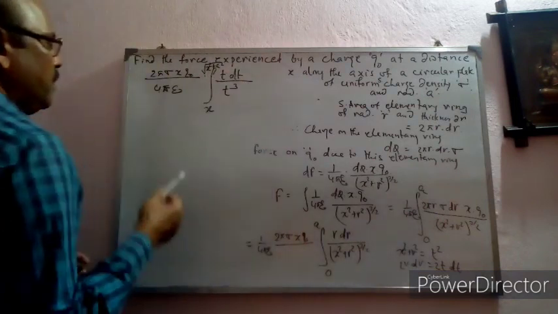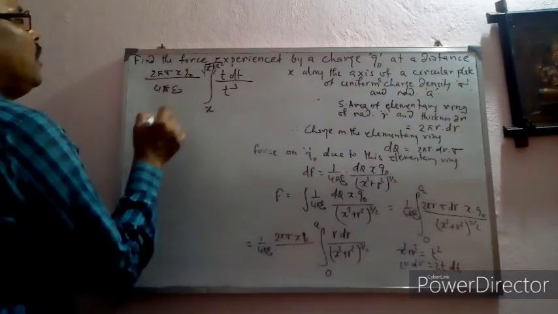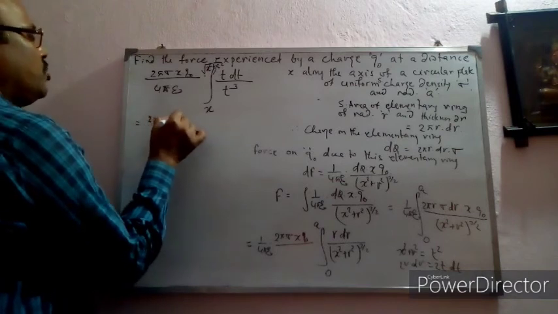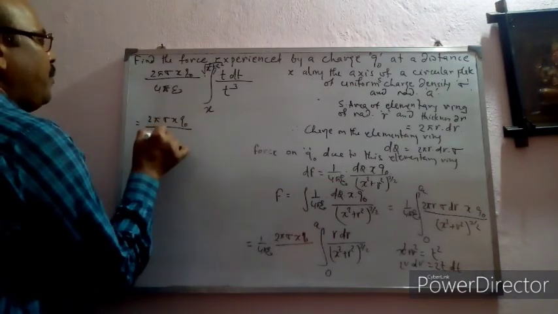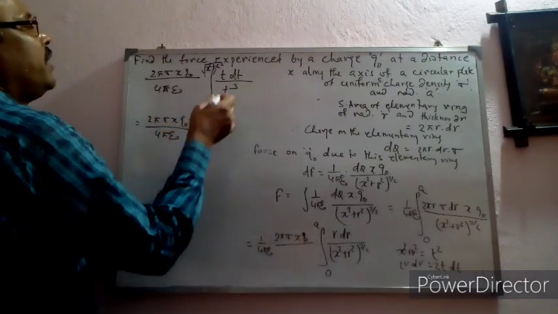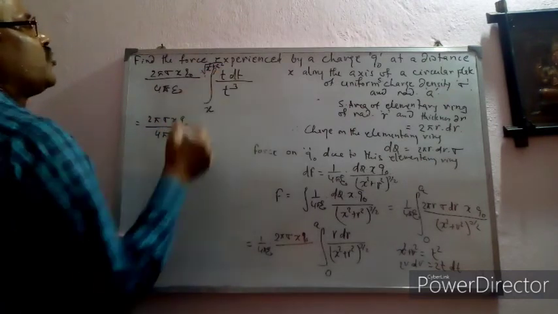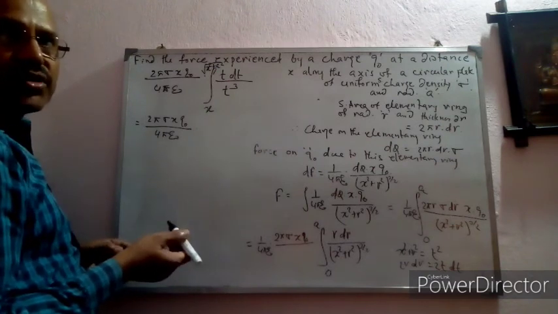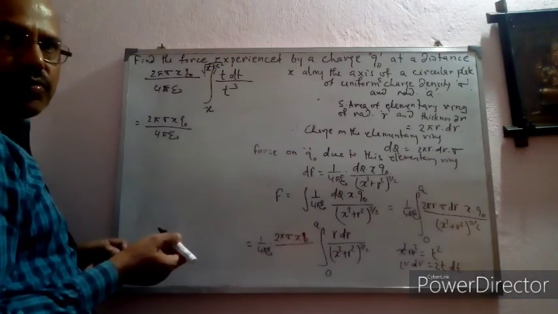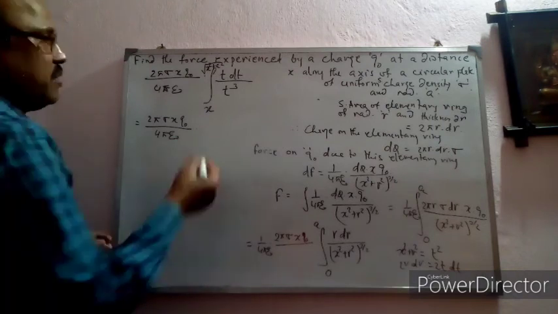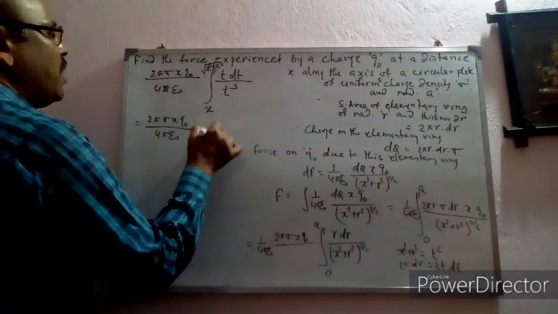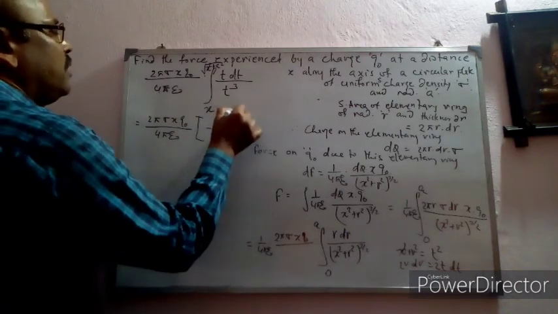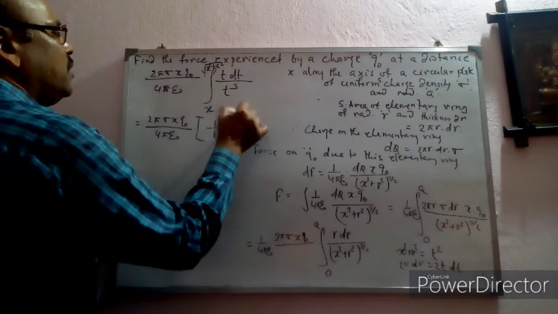Now this is equal to 2 pi sigma x q naught divided by 4 pi epsilon naught into 1 by t square dt. The integral will be t to the power minus 2 dt, giving t to the power minus 2 plus 1 divided by minus 2 plus 1, so it is minus 1 by t, with the value changing from x to square root of x square plus a square.